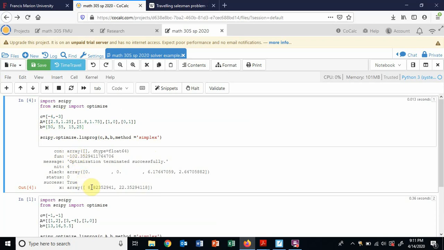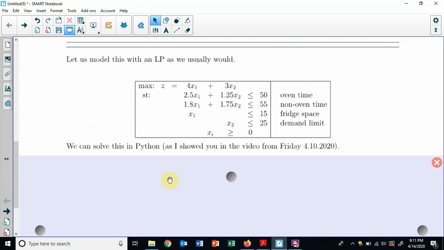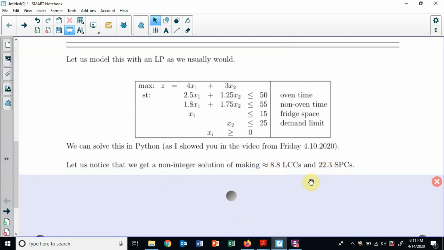And we get about 8.8 and about 22.4 as our optimal solution. That's fine and dandy. Any issues with that? Go ahead, tell the chefs, I want you to make me 8.8 layered cakes and 22.3 strawberry cakes.